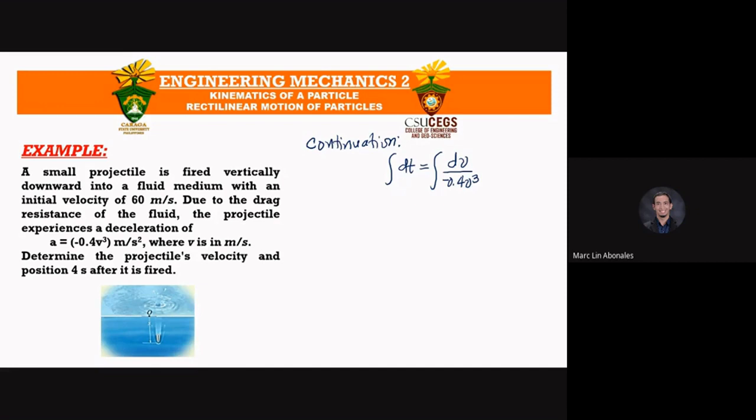So we consider na ang time initially is zero. So that's why the lower limit is zero. And instead of using the variable t in the upper limit, same as we did in the first example problem, diretso na i-substitute ang value sa final time nato, which is the 4 seconds.